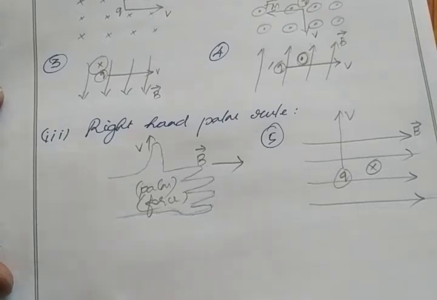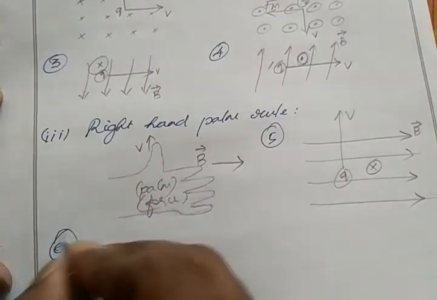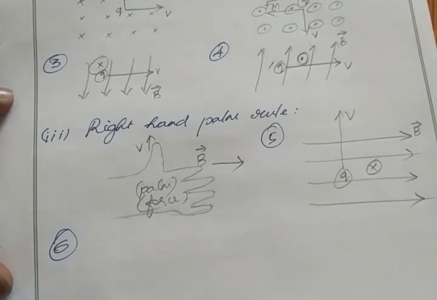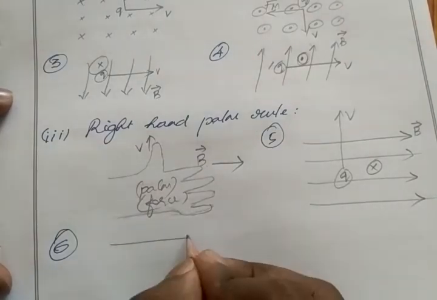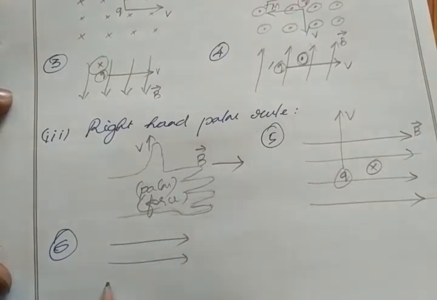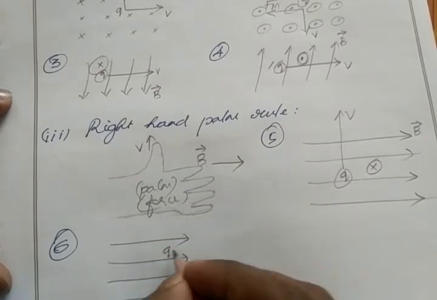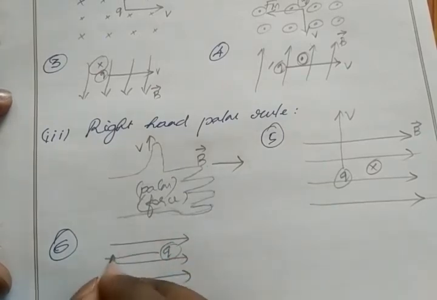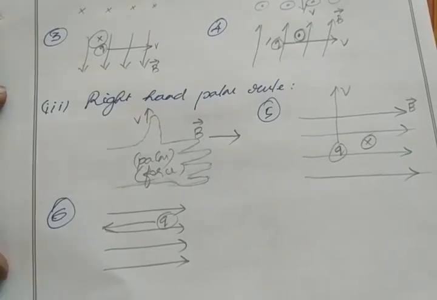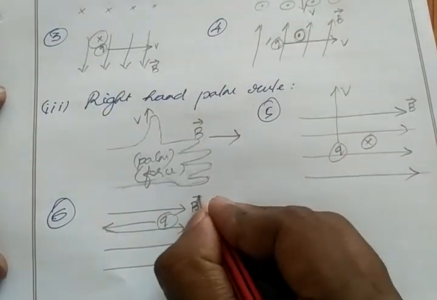So solve one more numerical. So this is the direction of magnetic field, and my charge is moving in the opposite direction. So this is magnetic field.